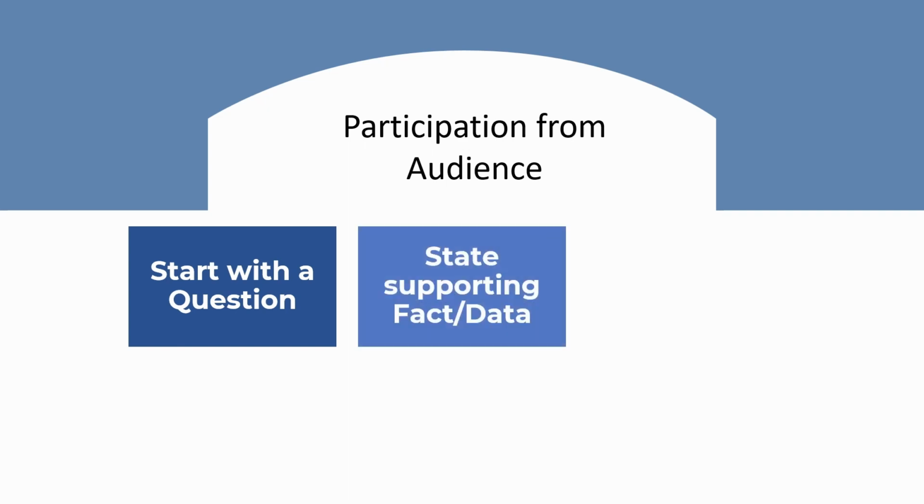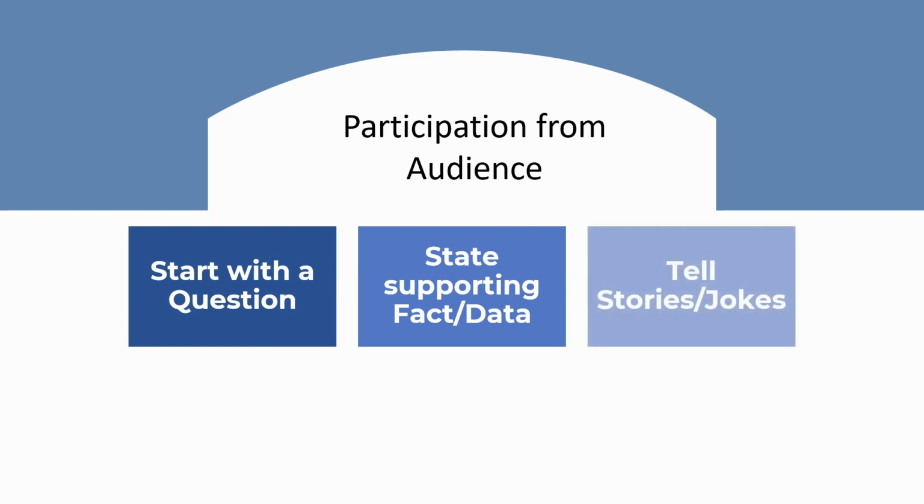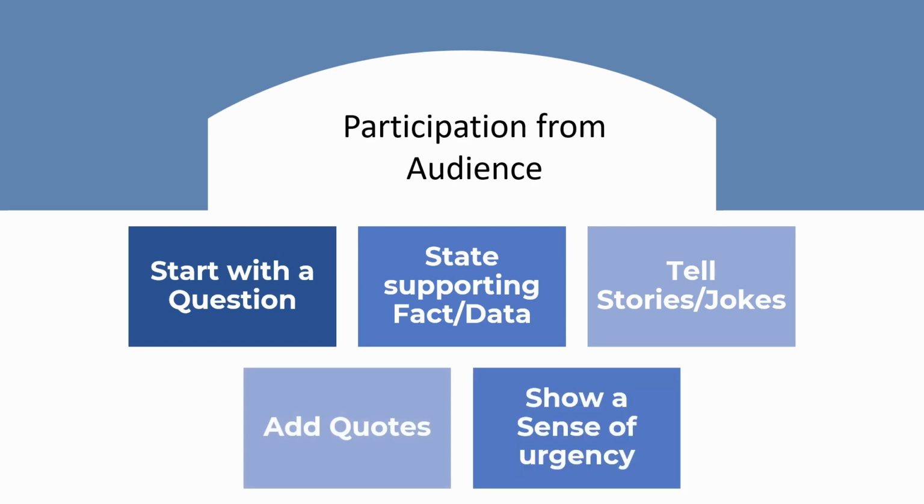You can mention data showcasing the frequency of incidents in absence of proper safety precautions. Tell stories. You can share personal incidents. Additionally, you can tell jokes and add quotes. Show a sense of urgency. Another way of creating interest is making your audience aware of the necessity of the training and its importance in saving lives.